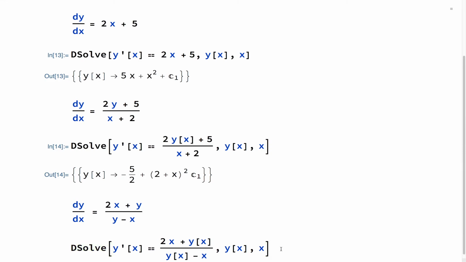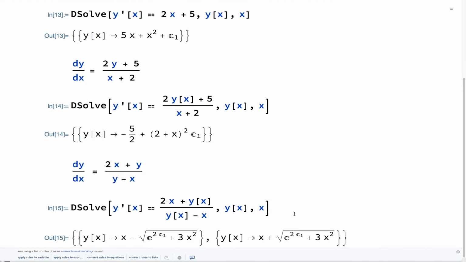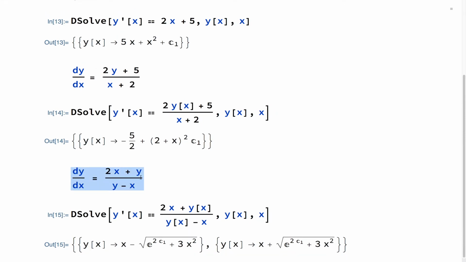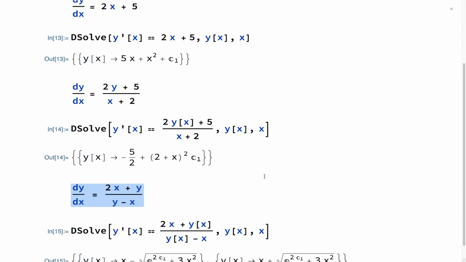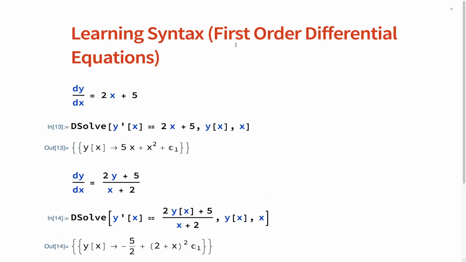And then you press Shift Enter and you can solve the equation. So this is a very easy way to translate a commonly mentioned differential equation into Wolfram language, and then you can solve it. So this is a typical example for solving first order differential equations.